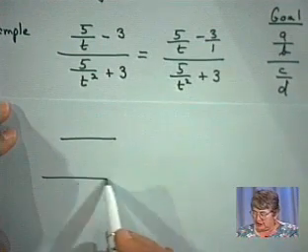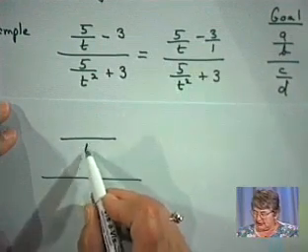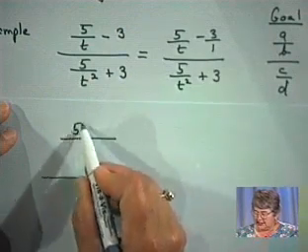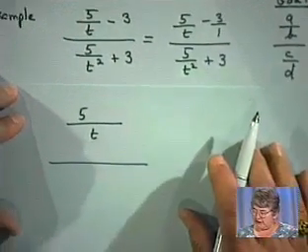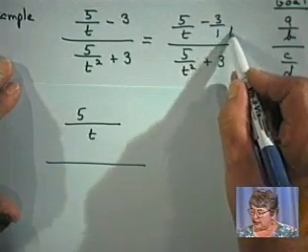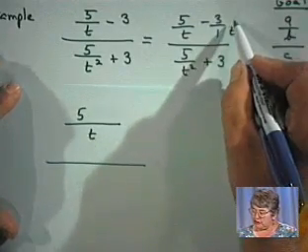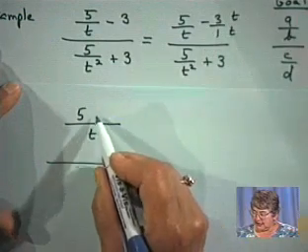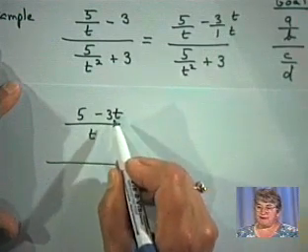In the numerator, the common denominator is simply going to be a t. 5 over t already has that denominator, so we simply write a 5. But the 3 over 1 doesn't have that denominator, so we'll multiply the second term in the numerator by t over t, and that gives us a minus 3t.